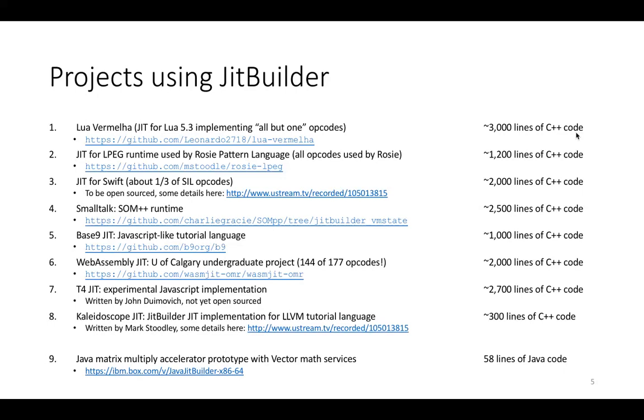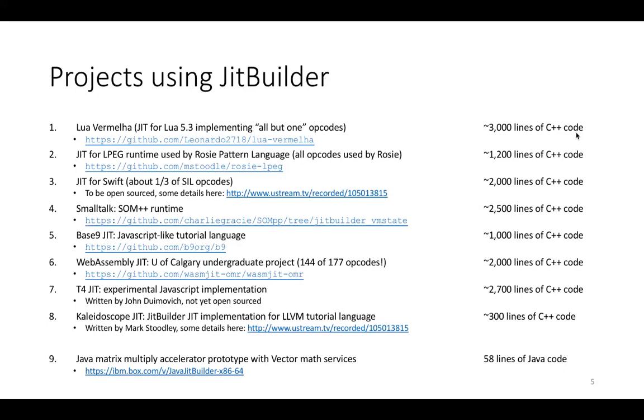We have T4, which is a JavaScript implementation, and also this Kaleidoscope JIT, which was meant as a sort of comparison point against the LLVM tutorial. I included links here for all of these projects in case you want to learn more, but one of the things I just wanted to highlight was the amount of code that people had to write to use JitBuilder.